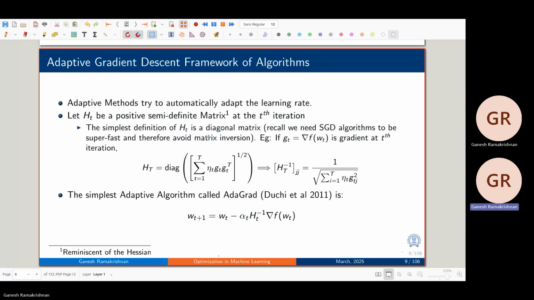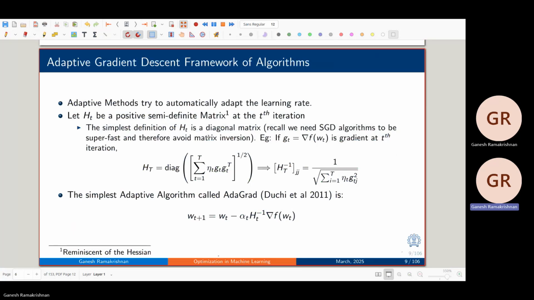But it is obtained through a sum of rank 1 matrices, so multiple rank 1 matrices. g_1 g_1 transpose is rank 1, g_2 g_2 transpose is rank 1, a sum of T rank 1 matrices, right? But of course, what you have done is, it's a diagonal matrix of all of these. So you have only taken the diagonal of all of these rank 1 matrices, not all of them.